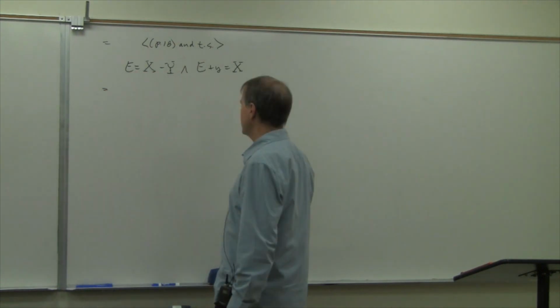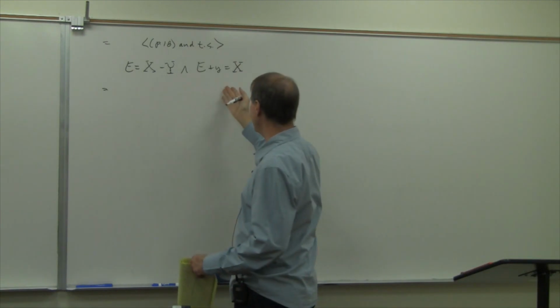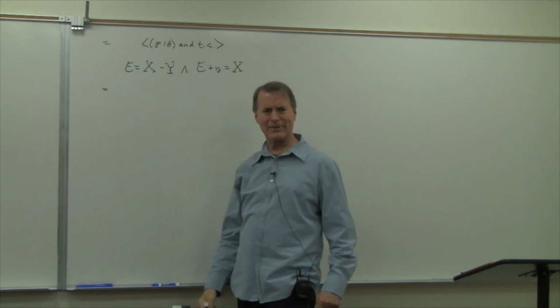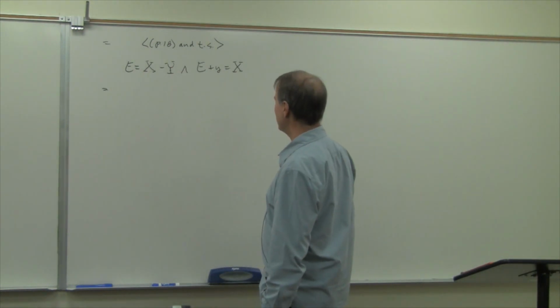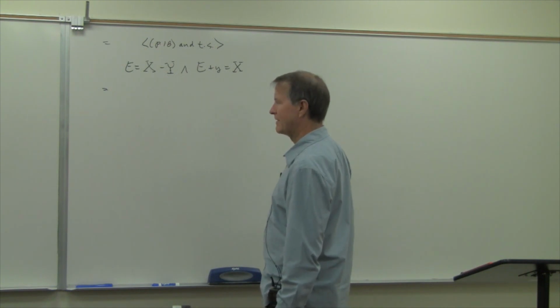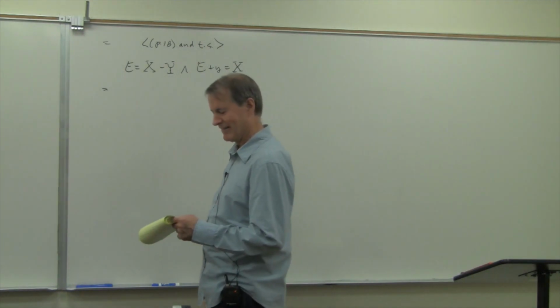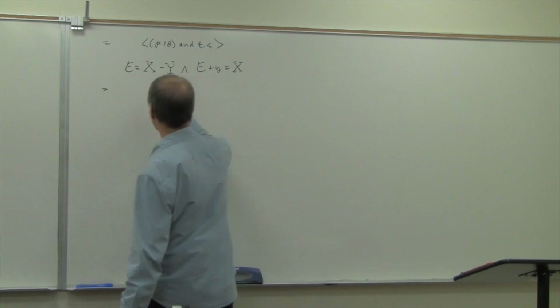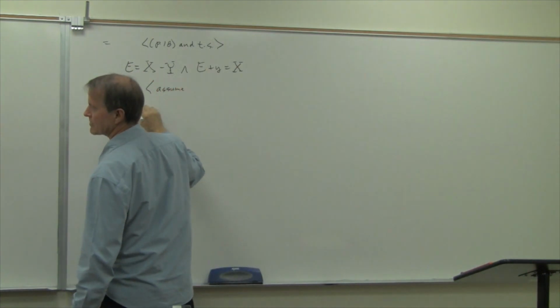Now, how can we solve this for E? We've got an E over here, we've got an E over here. What resources do we have at this point? Assume the conjuncts. What are the conjuncts?